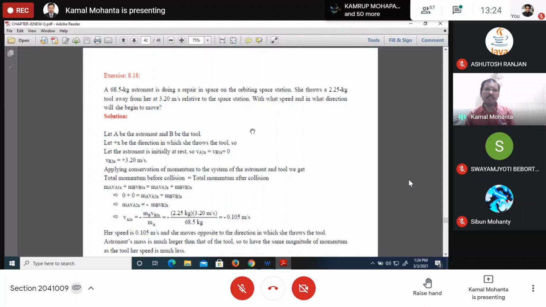This is which type of collision? Elastic. Okay. What are the different types of collision? Elastic and inelastic. Okay. Any other type? Another is completely inelastic collision. So when will we say a collision is completely inelastic?